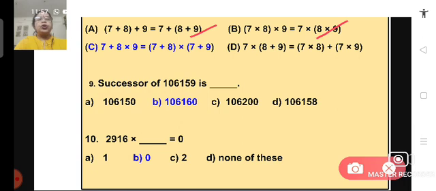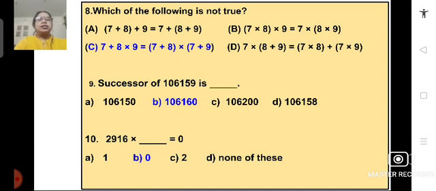That is also true. C is 7 plus 8 into 9 is equal to 7 plus 8 into 7 plus 9. This statement is not true. It is false. D is correct. So, option C is the correct answer for this question. C is not true. It is false.